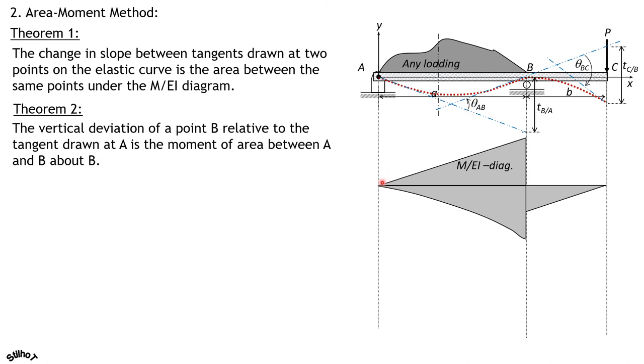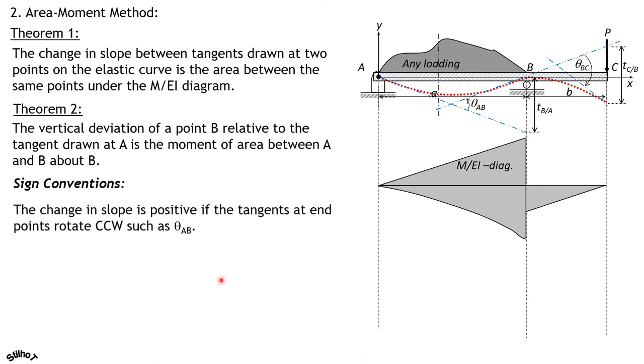Theta AB is positive because the first degree area is greater than any nth degree area if those are the only diagrams that we encounter. Then the vertical deviation of B relative to A is positive because B is above the reference tangent at A. The vertical deviation of point C relative to the tangent at B is negative because point C is below the reference tangent at B.